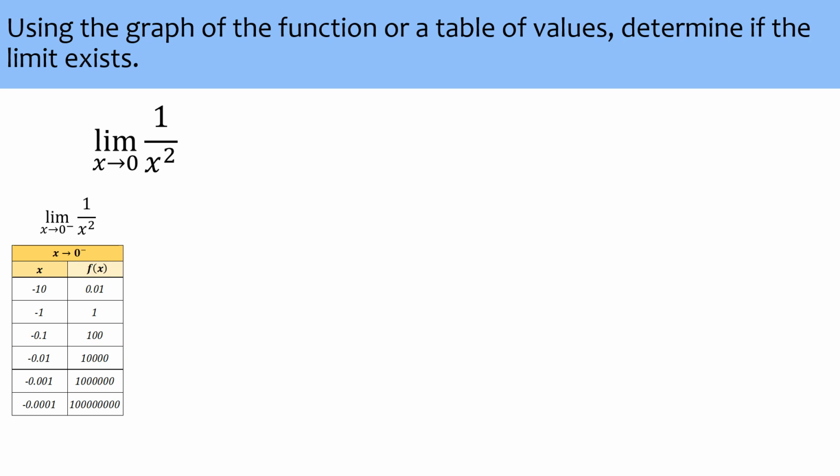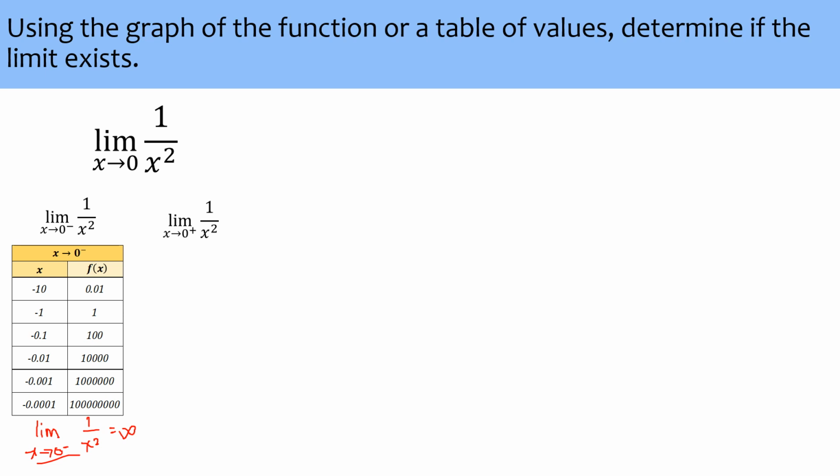So what would that imply about the limit of the function? Let's write it down. The limit of 1 over x squared as x approaches 0 from the left would be positive infinity. So we say that the function 1 over x squared increases without bound as x approaches 0 from the left.